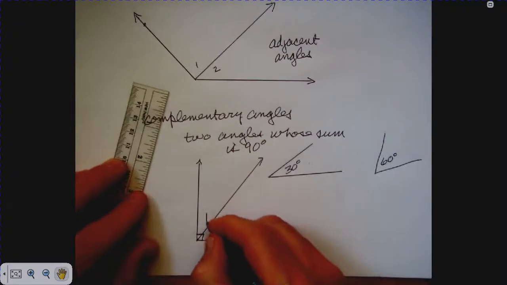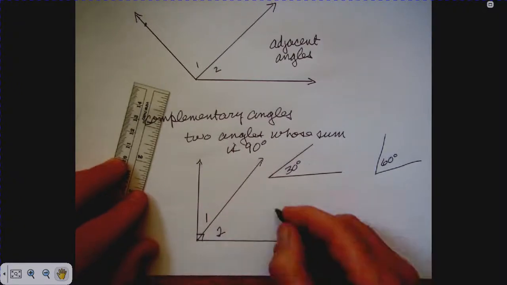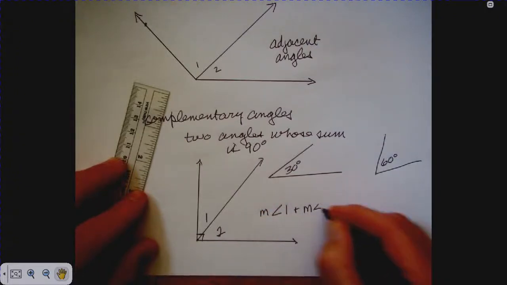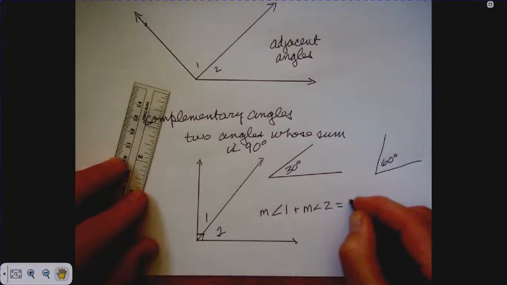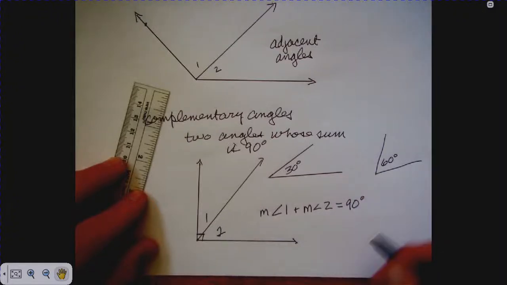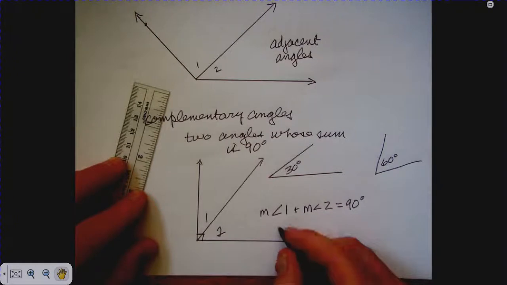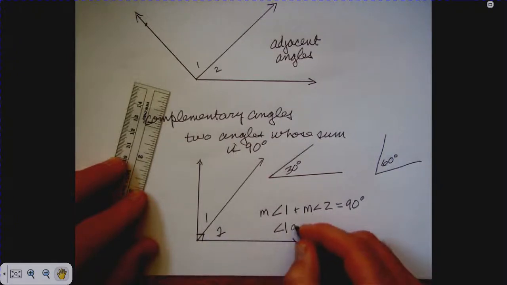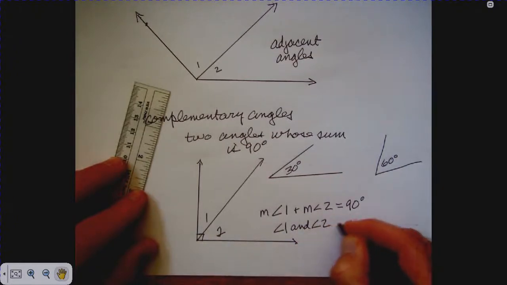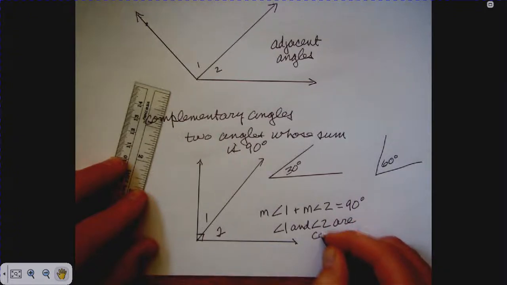Let's call this angle 1 and angle 2. The measure of angle 1 plus the measure of angle 2 is equal to 90 degrees, so we say that angle 1 and angle 2 are complementary.